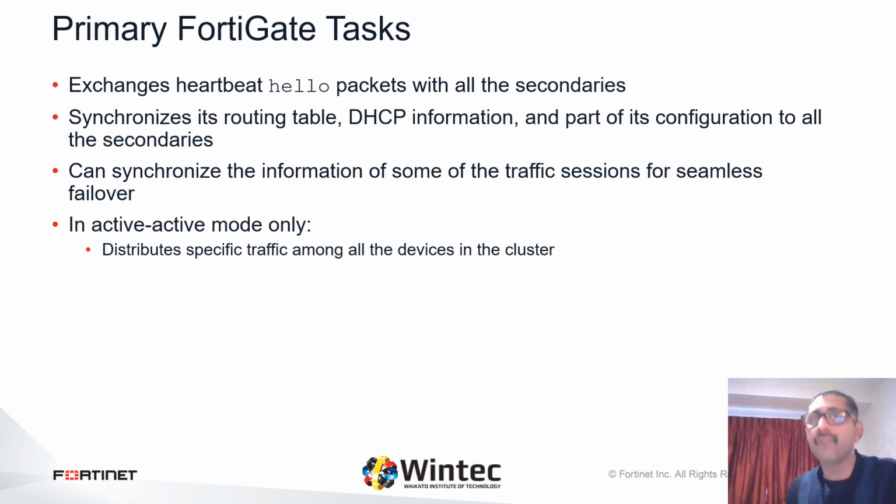This allows a faster, seamless failover for some sessions. Some applications will not need to re-establish their sessions after a failure of a primary FortiGate. You will learn which session information will be synchronized later. However, for active-active mode only, a primary FortiGate also distributes specific traffic among all the available devices in the cluster.